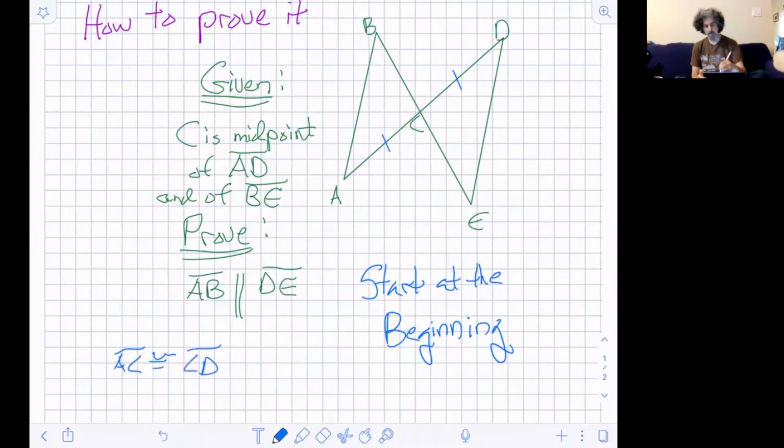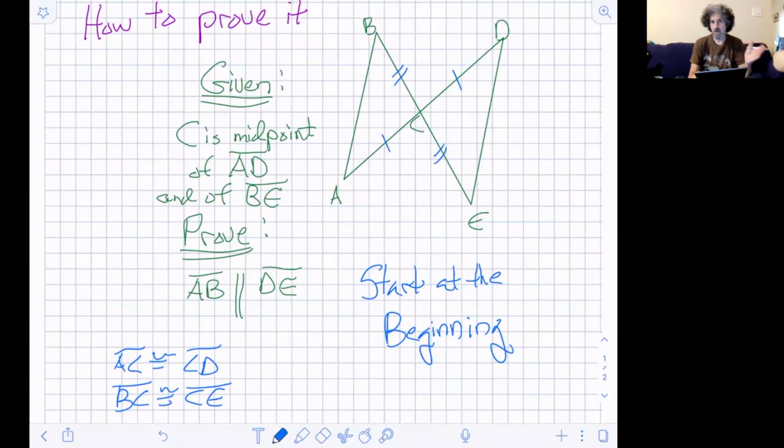I can also put little tick marks on BC and CE. Can't put the same tick marks because I don't know that BC is congruent to CD or anything, but it is congruent to CE. Anything else? Well, nothing else from the givens. Maybe something else will crop up later.